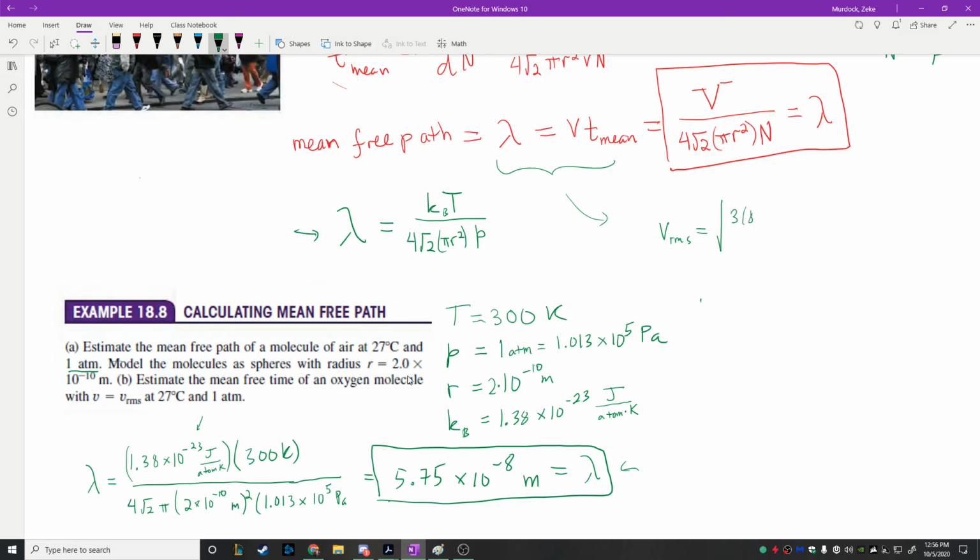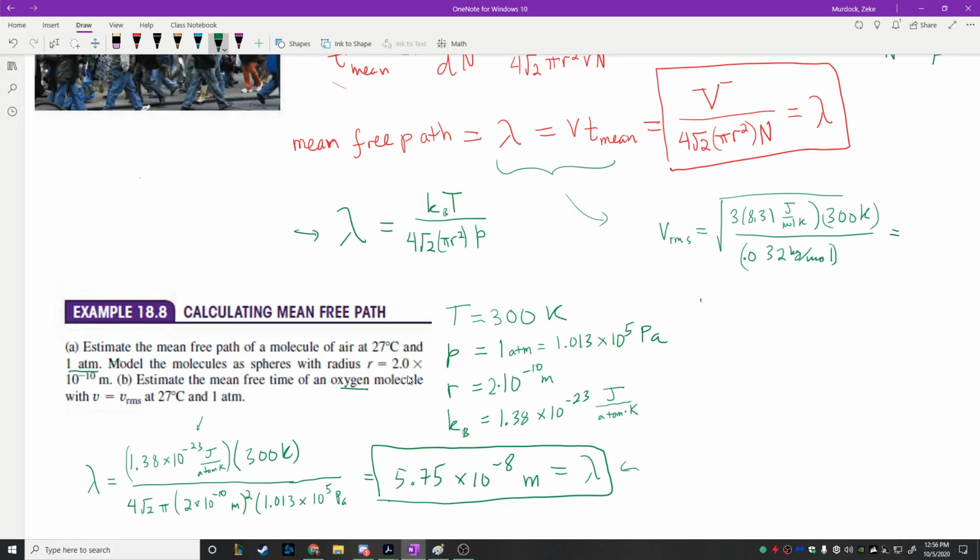So it's 3 times 8.31 joules per mole Kelvin, multiplied by the temperature, which is 300, divided by the molar mass of oxygen.